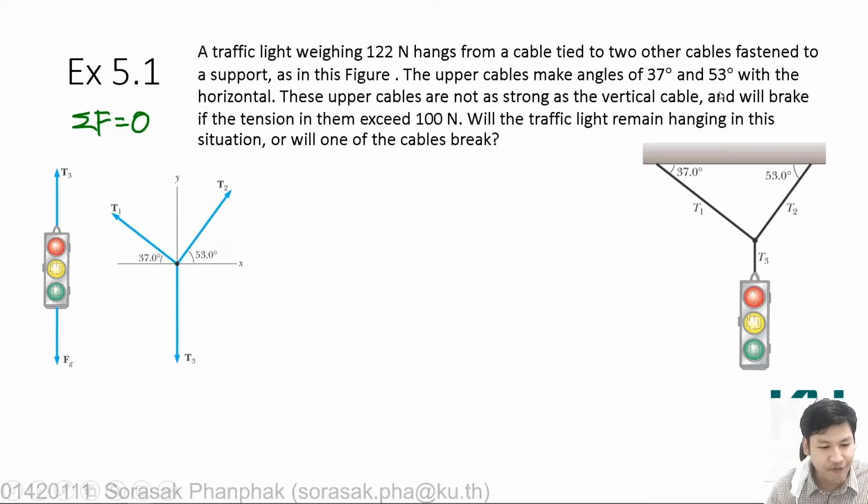So let's move to the first example. When you start with Newton's laws, you have to explore whether the system has a resultant force or not. In this case, the traffic light hanging like this stays still.